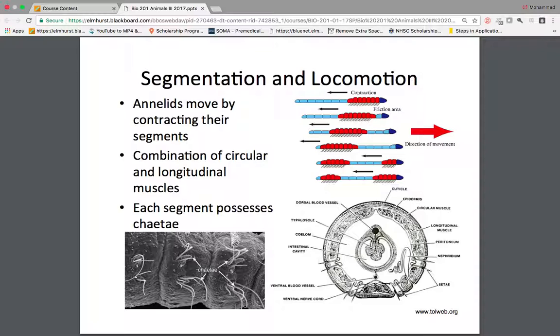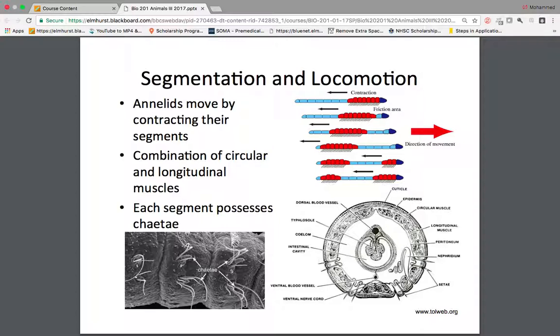And then they flare that segment by contracting the longitudinal muscles, and that sets like an anchor right at the beginning. And then that contraction goes as a wave from segment to segment to segment, pulling along individual segments and ultimately pulling along the entire organism.